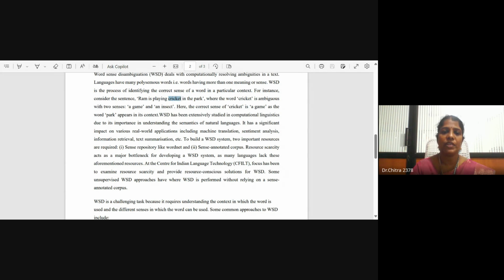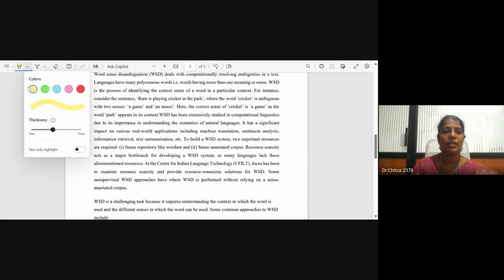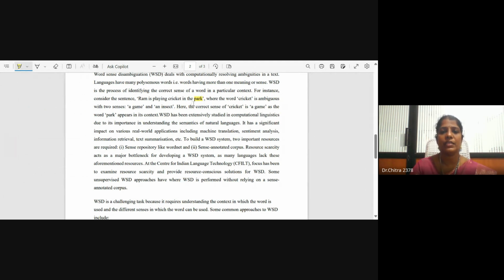If the ambiguous word is identified, then it will check the next continuous words in the corpus. In this example, we can identify that the word park is there. If park is there, this cricket is related to a game.